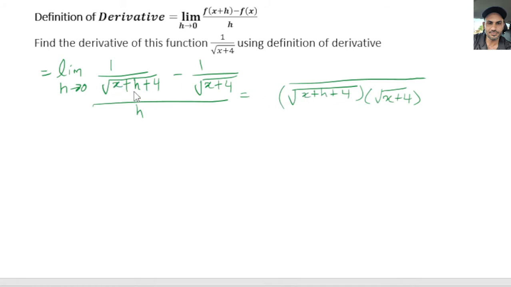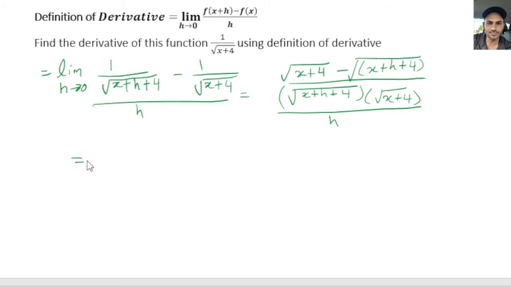For the next step, the first term becomes, we multiply by the common denominator, so this cancels this one, and the first term is going to be square root of x plus 4, and the second term, when we multiply with this one, this cancels out this one, you're left with square root of x plus h plus 4, and everything divided by h.